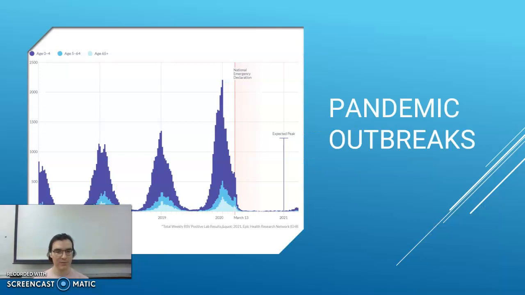And to further go into how RSV spreads, I just wanted to give a quick mention to how the pandemic has affected RSV and its infection rates. And so, as you can see in the previous years, for 2017, 2018, 2019, 2020, there was a steady rise in these infections during its infection seasons.